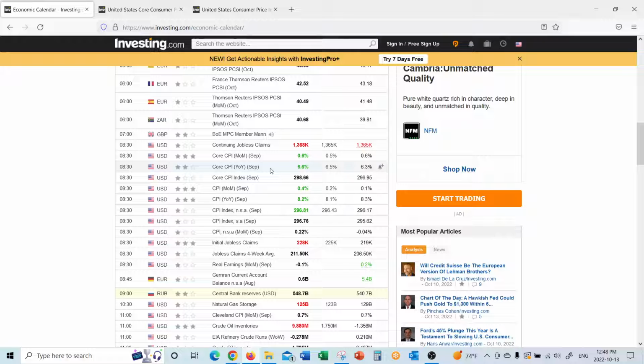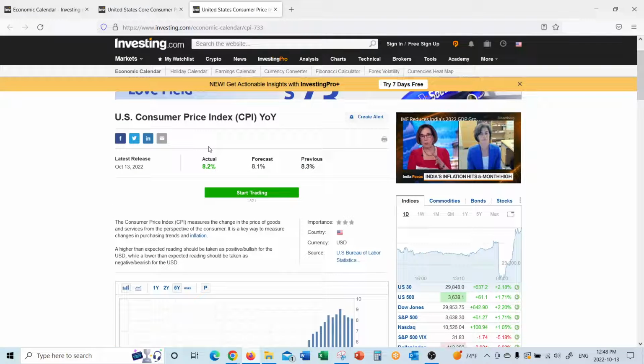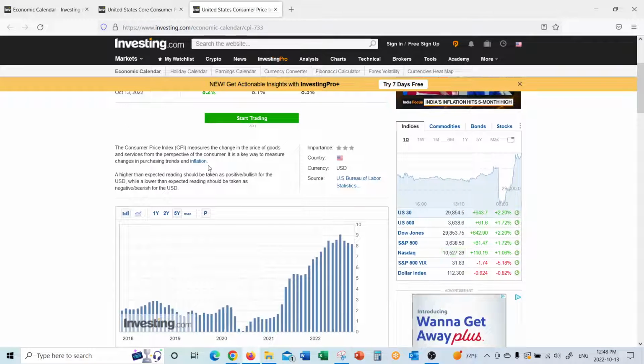When we look at the year-over-year numbers, just to see how core numbers are performing, and also the year-over-year numbers for headline, we also see these numbers have moved up as well. So if we look at the year-over-year headline number, 8.2%, we see a trend here.